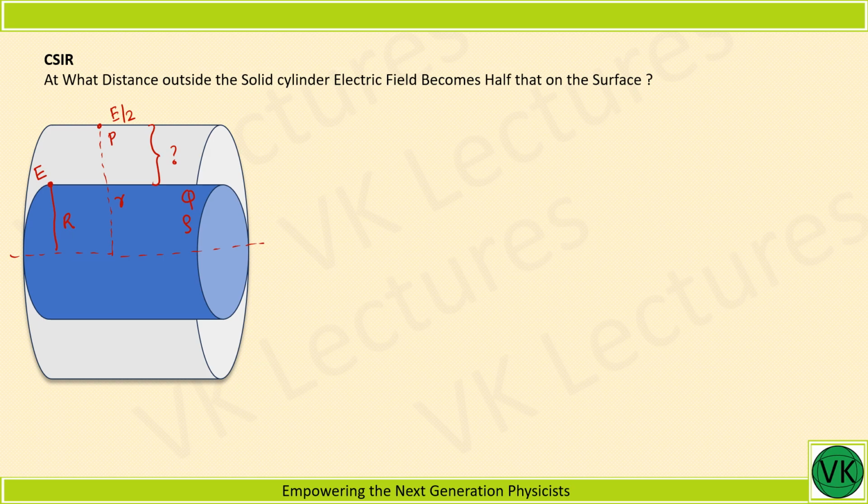So according to Gauss theorem, we have closed integral E dot ds equal to q enclosed by epsilon naught. So let us write down the left hand side now. E is constant, so E into integral ds equals q enclosed. Q enclosed is rho into volume enclosed divided by epsilon naught.